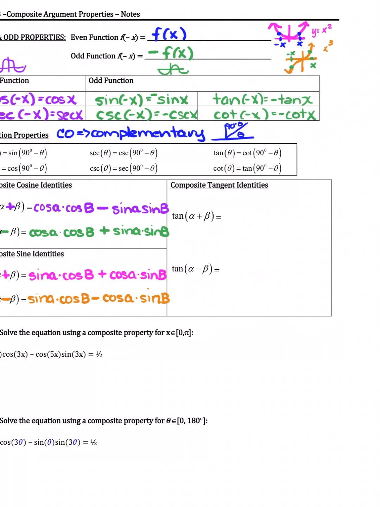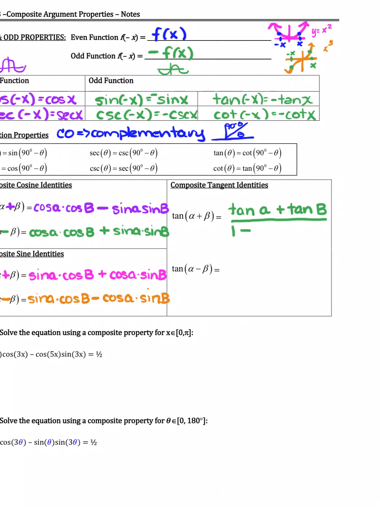Now with tangent, it looks like, though it's not true, it starts off as if you distributed the tangent across the parentheses, which is not allowed, but that's how this looks. So it starts off the same way as if you had distributed the tangent to the A and the B. And then in the denominator, it's one opposite sign.